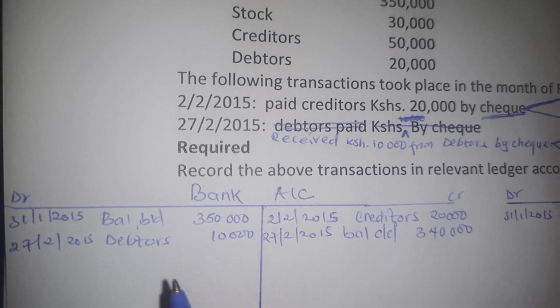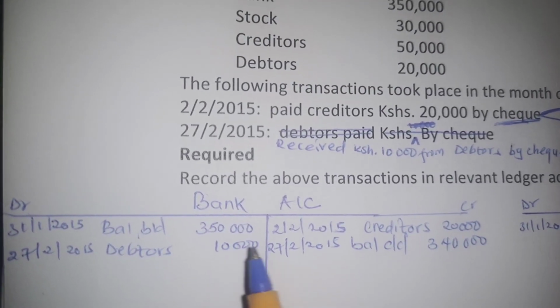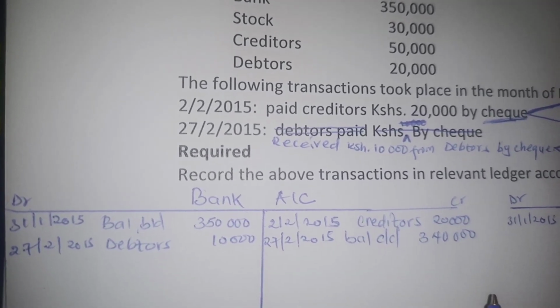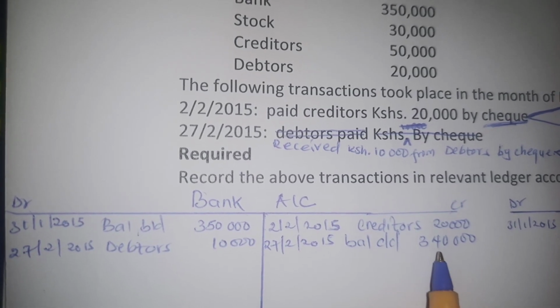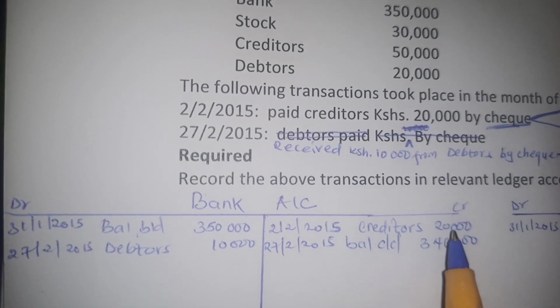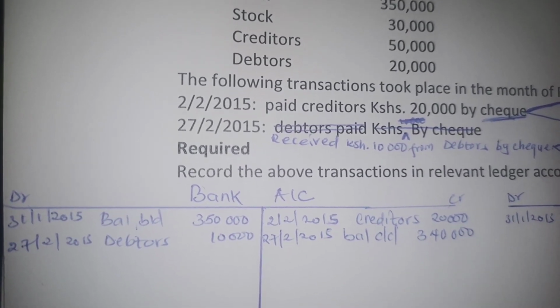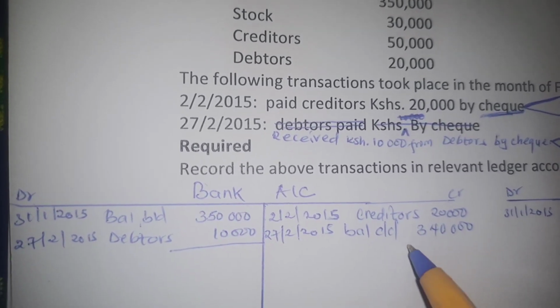Remember, you start by totaling both sides. You check which side has the higher amount. Then you take the higher minus the lower, and the balance you get is the balancing figure. In other words, you place it on the side with the least amount. And then we are done.